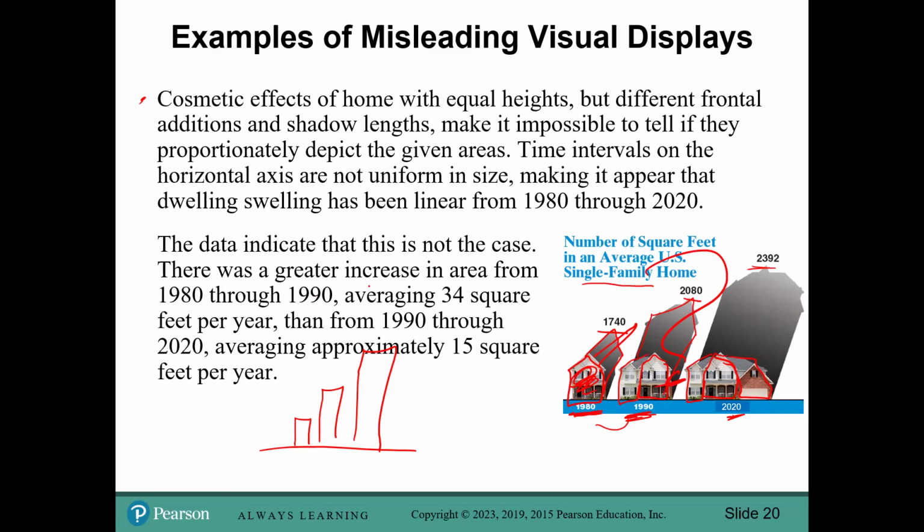So the time intervals on the horizontal axis are also not uniform in size. The jump between 1980 and 1990 is 10 years, but then from 1990 to 2020 is 30 years. So ignoring that, it looks like these are just increasing linearly, and they're not.